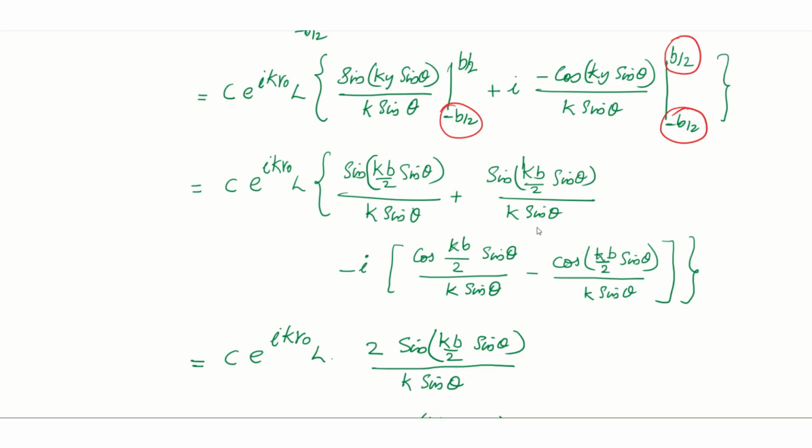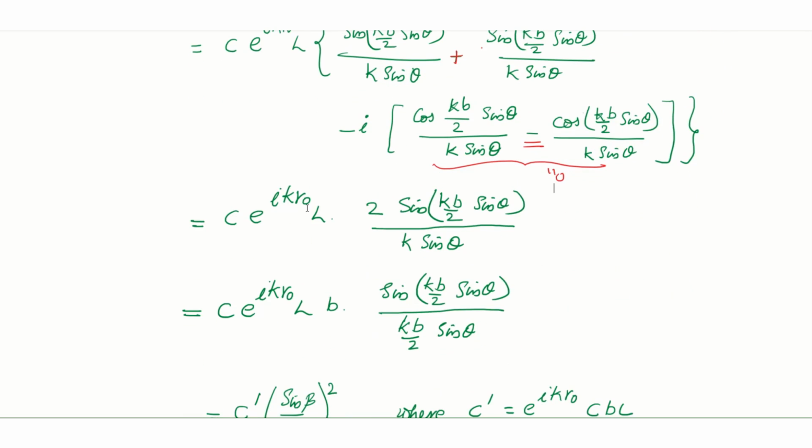At the lower limit, it's sin of minus kb sin theta by 2, minus and minus will become plus, and therefore you get this. But here it remains negative, and therefore this thing becomes 0.